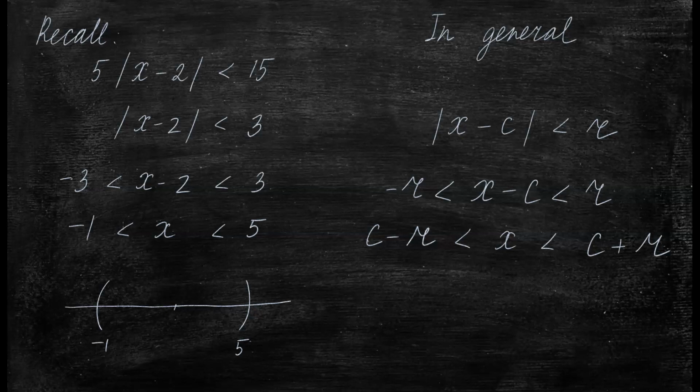And the answer will always be an interval, the left boundary of which is c minus r, the right boundary of which is c plus r, and the center, as you may guess, is c. So in this case, the interval is centered at 2.